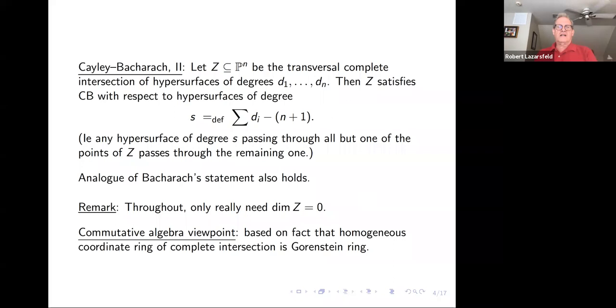Okay, so these are the Cayley-Bacharach statements for hypersurfaces in projective space. And there's actually a huge commutative algebra literature on these things, much bigger, I think, than the algebraic geometry literature. And it's always based on the basic algebraic fact that if you take the homogeneous coordinate ring of a complete intersection, it's a Gorenstein ring. And so there's some duality.